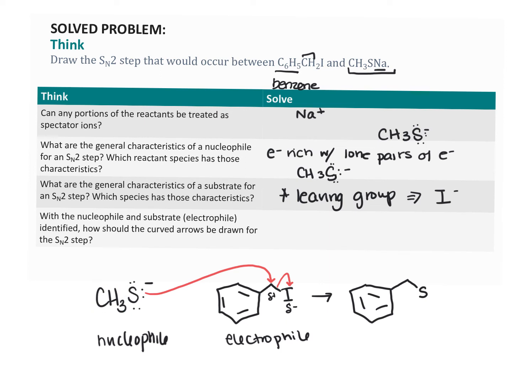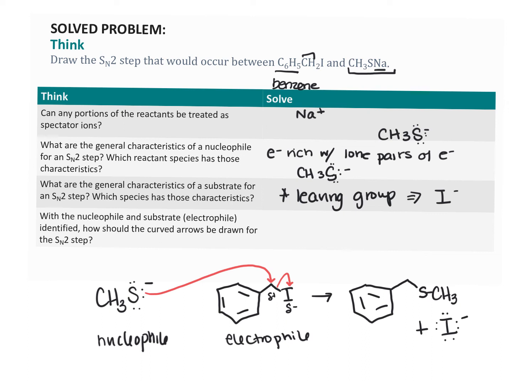Nothing happens to this, so it's still going to be here, right? CH3. Then you're going to have I minus there, right? So use these arrows to really help you predict your products in these mechanisms.